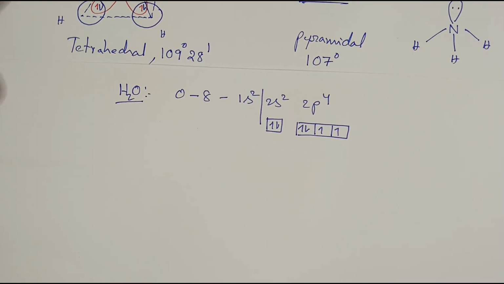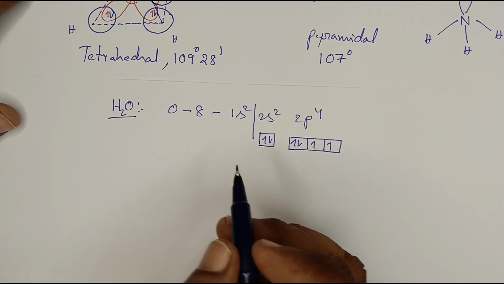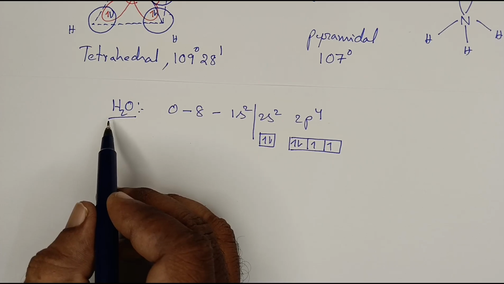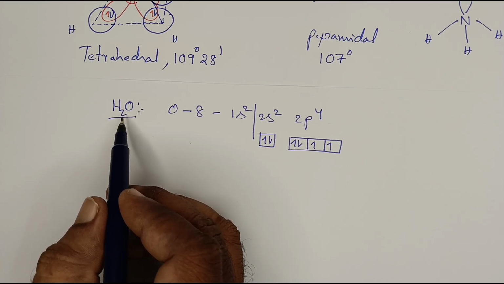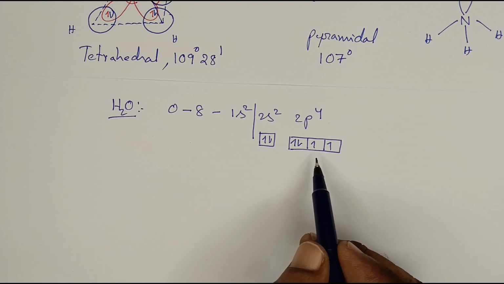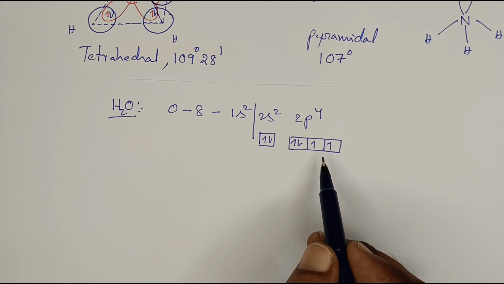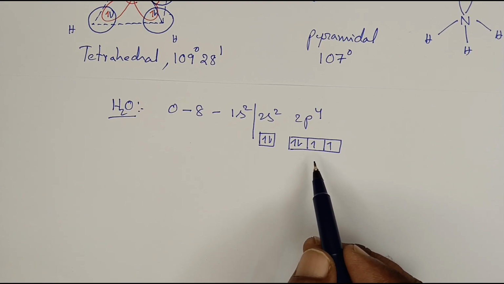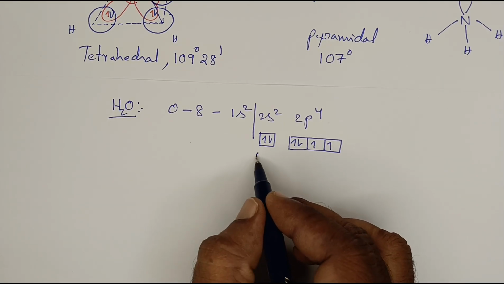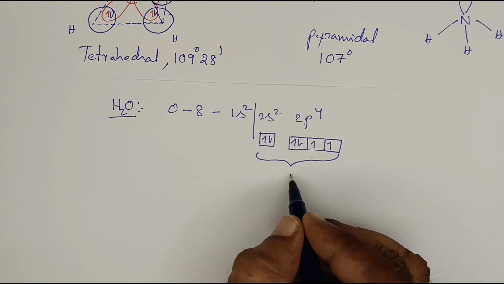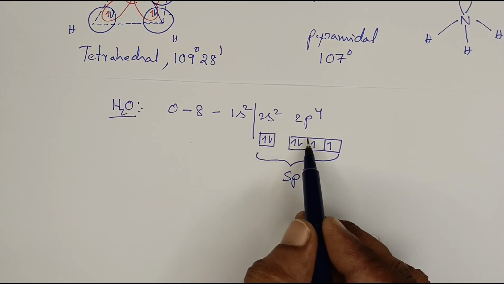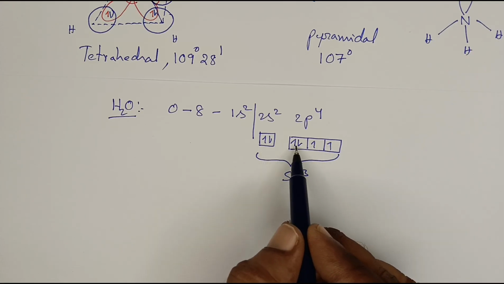Next, oxygen combines with 2 hydrogens, so oxygen should have at least 2 unpaired electrons. In its electronic configuration, it has 2 unpaired electrons, so there is no need for excitation. So it undergoes sp3 hybridization. Again, in hybridization only orbitals will enter, but not electrons.